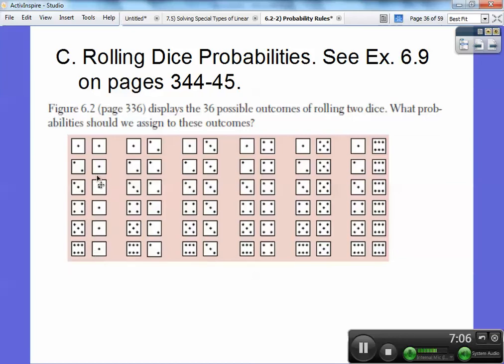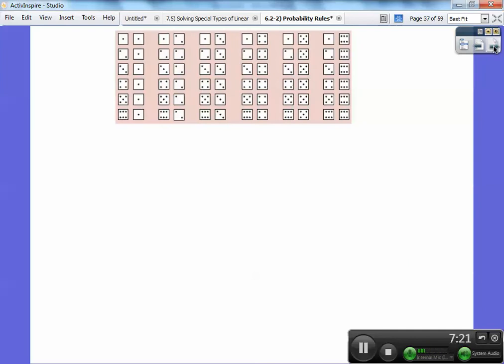So there's all the different ways I can roll a 1 on the second dice and the 6 different ways on the first dice. Here's rolling a 2 on the second dice in the 6 different ways, and then 3s, and then 4s, and then 5s, and so on. There's 36 different ways. So that would be my bottom number right there.